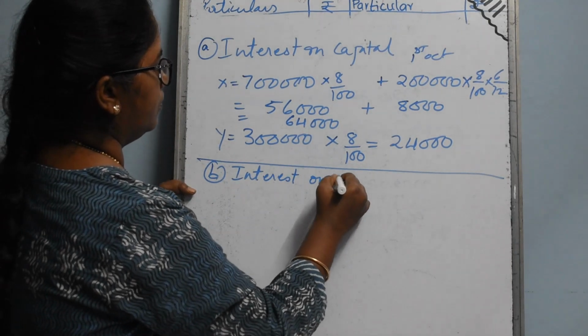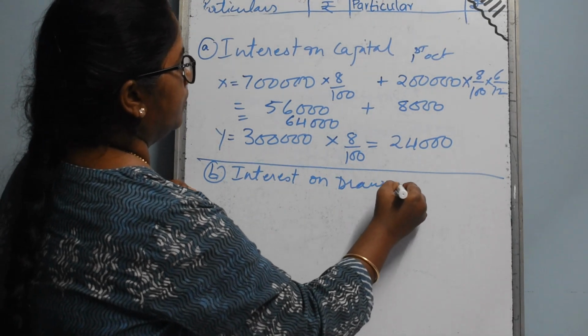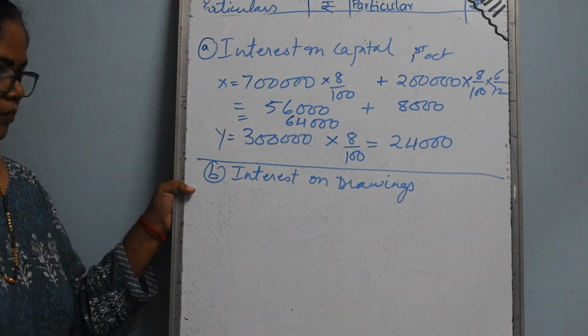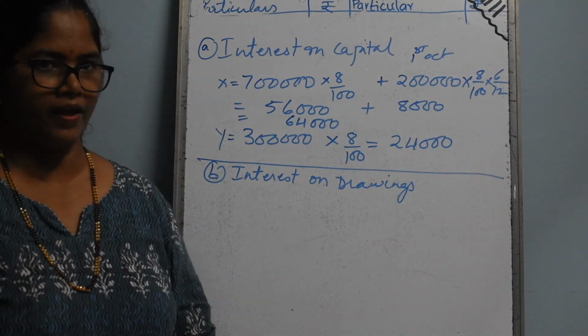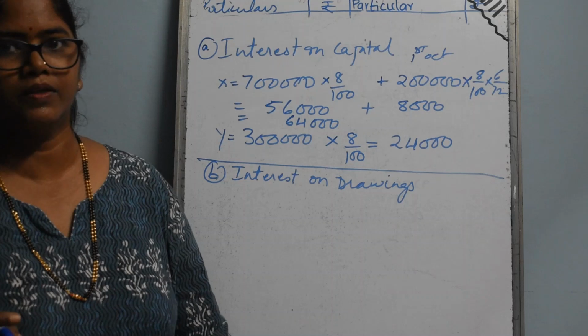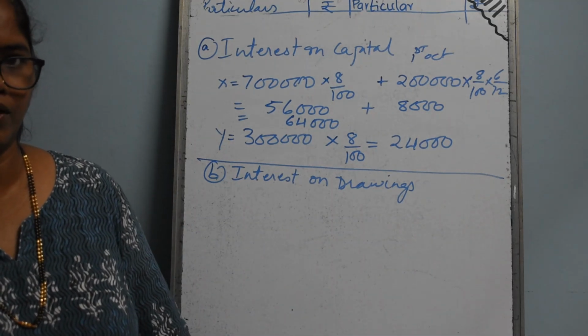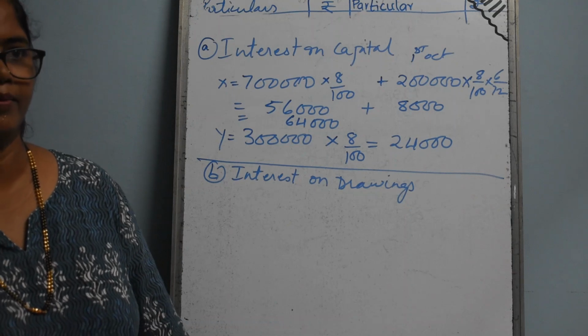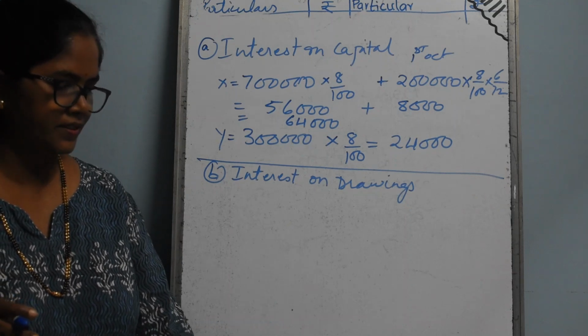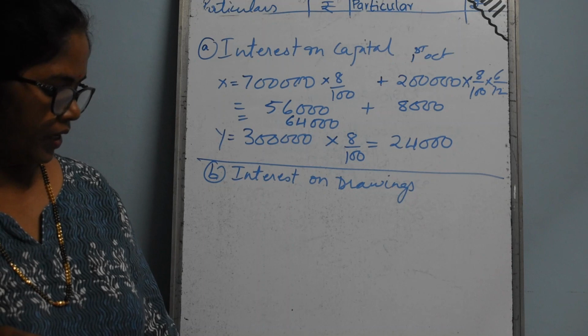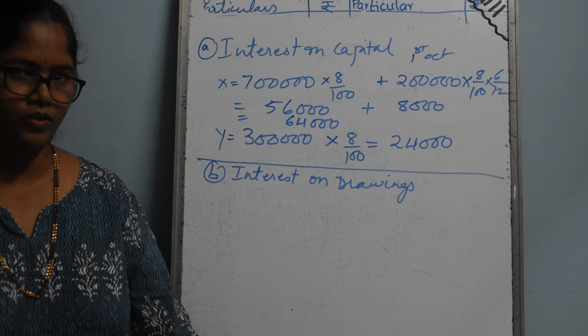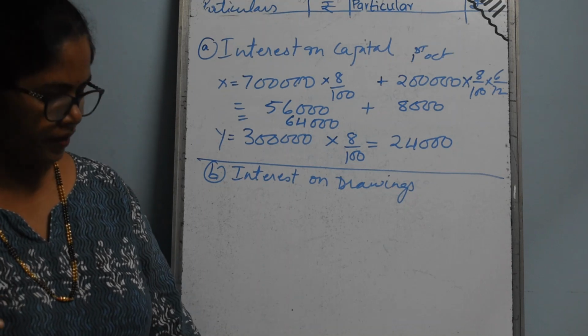Interest on drawings. Previously I took a problem where the interest on drawings rate of percentage was given, with the words per annum or without the words per annum. Now here dates are given, so when dates are given, you have to count the number of months and apply the interest rate.